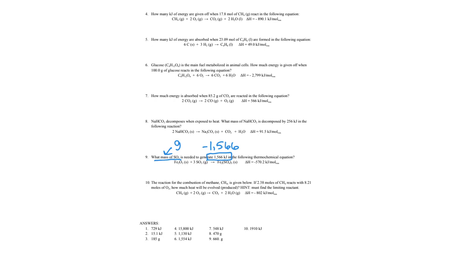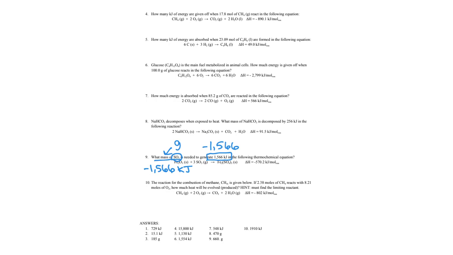Otherwise, you're going to end up with a negative number of grams at the end, and you can't have negative numbers of grams. So whatever number you're given in the problem, I'm going to start with the correct algebraic sign, which is negative 1,566 kilojoules.